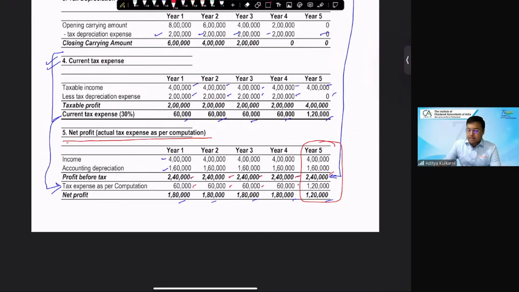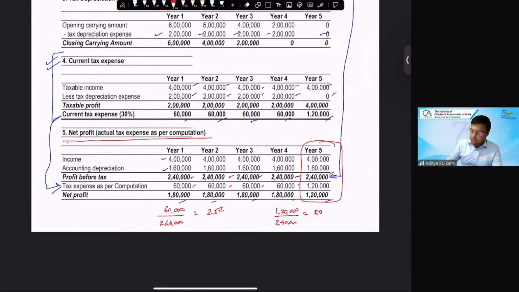Your tax expense for years 1 to 4 is the same, and in the fifth year, it has suddenly doubled. 60,000 became 1 lakh 20. From a reader's perspective, the first 4 years it is 60 by 2 lakh 40. So this comes to how much? 25%. And in the fifth year, it is 1 lakh 20 by 2 lakh 40.